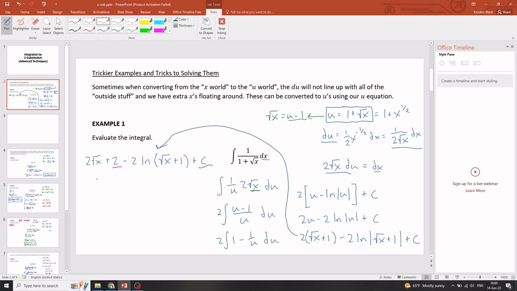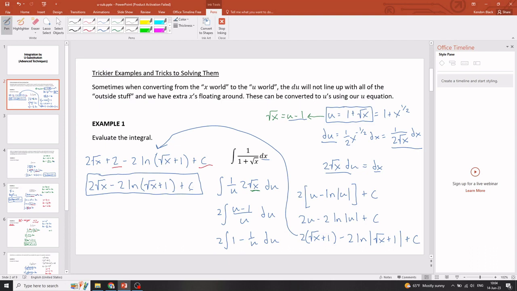So our final answer is going to be 2 root x minus 2 ln root x plus 1 plus c. Now, if you want to do things properly and completely 100% technically correct, what you would actually do is you would rename one of these c's.